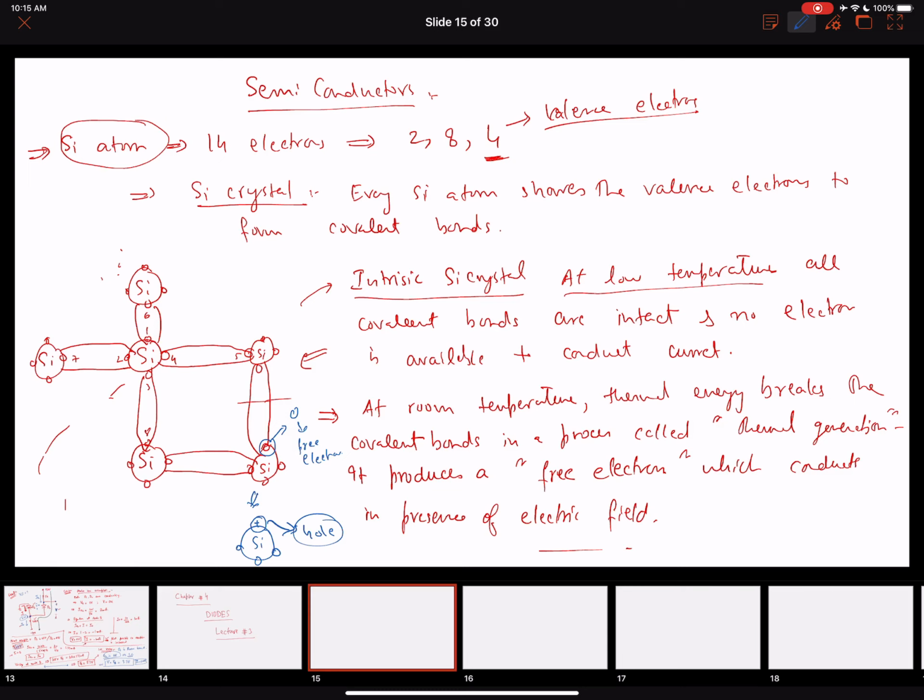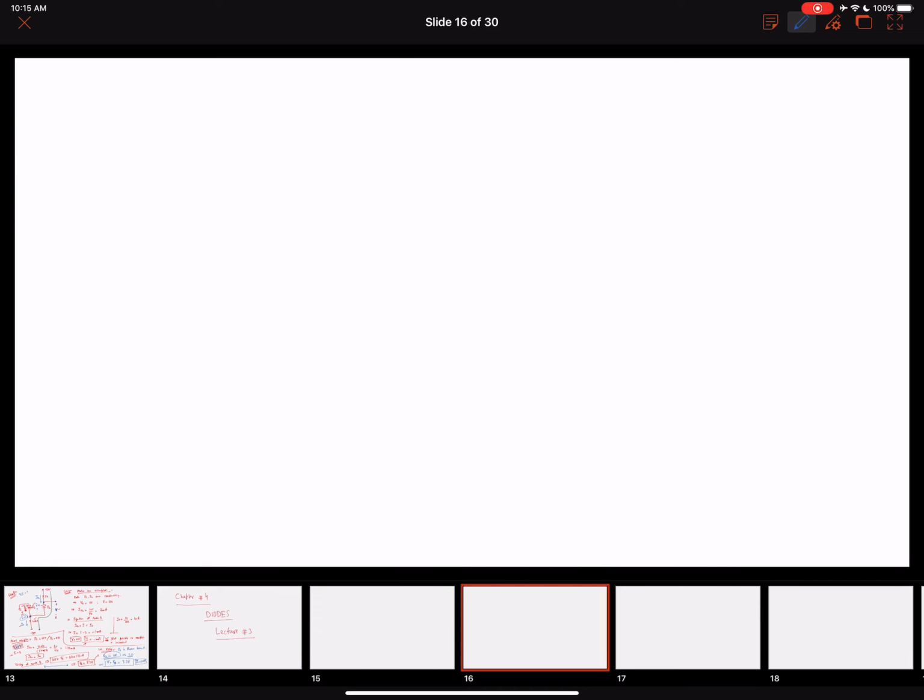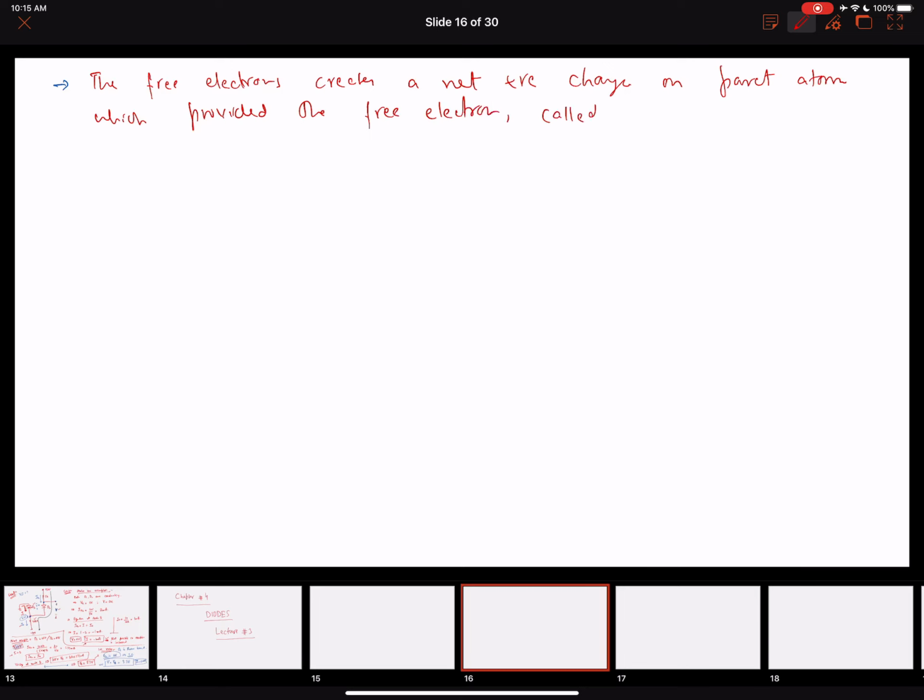All right. So let me write this down as well. The free electron creates a net positive charge on the parent atom which provided the free electron, called a hole, which can also move around the crystal.